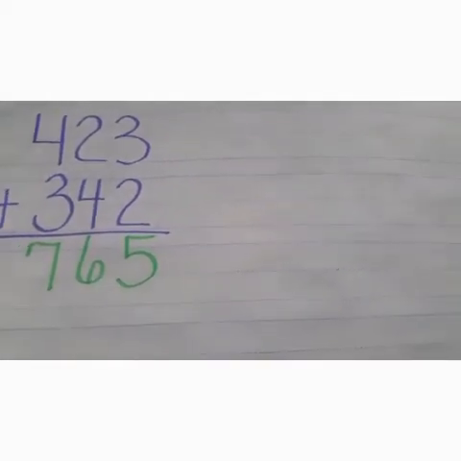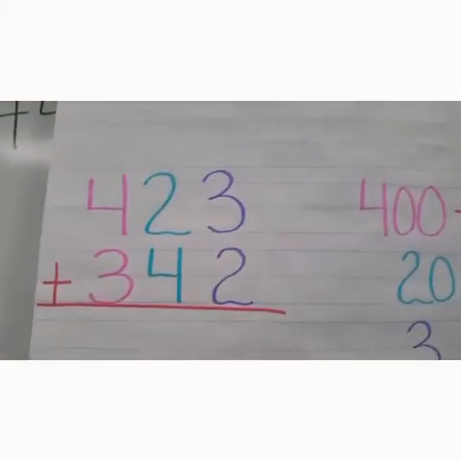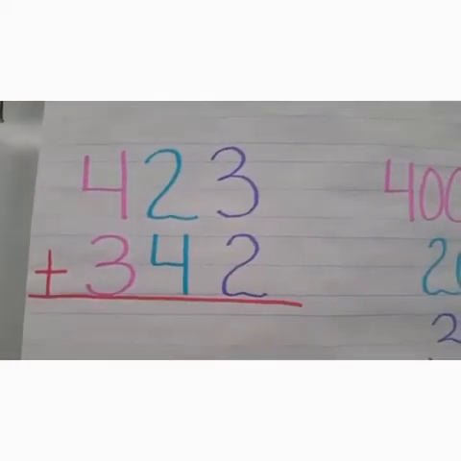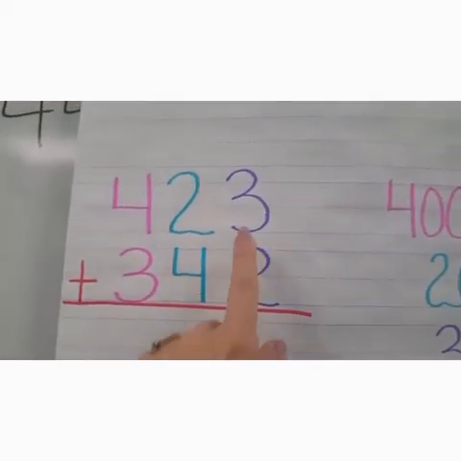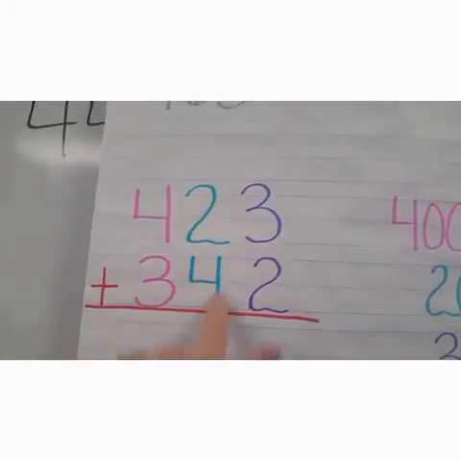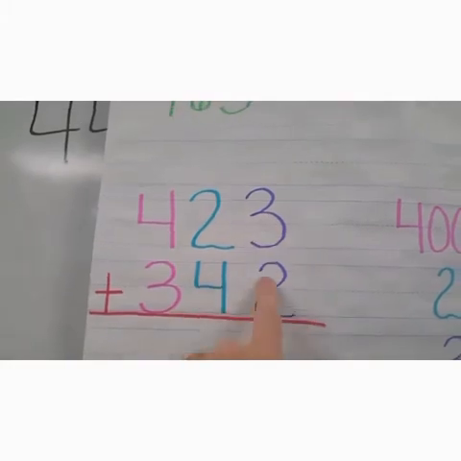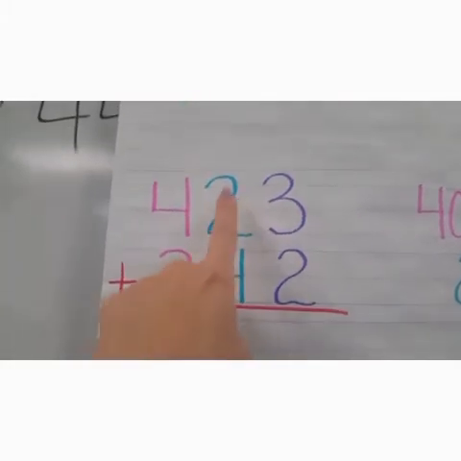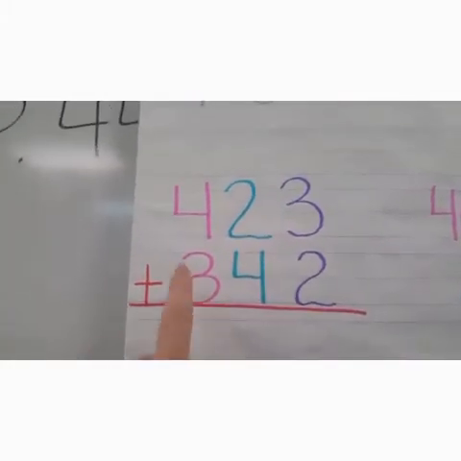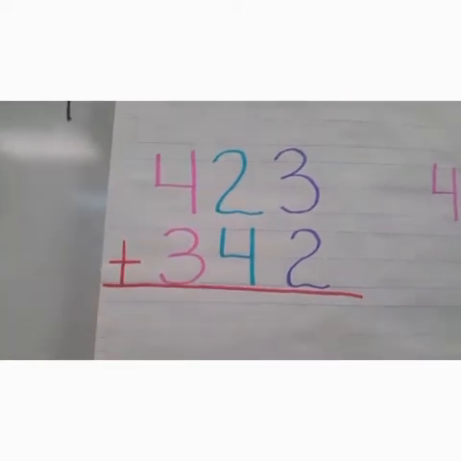So I want you to try this new strategy. So down here I have the same problem, but I have each value, each place is a different color. So the ones are purple, the tens are blue, and I have pink for hundreds.